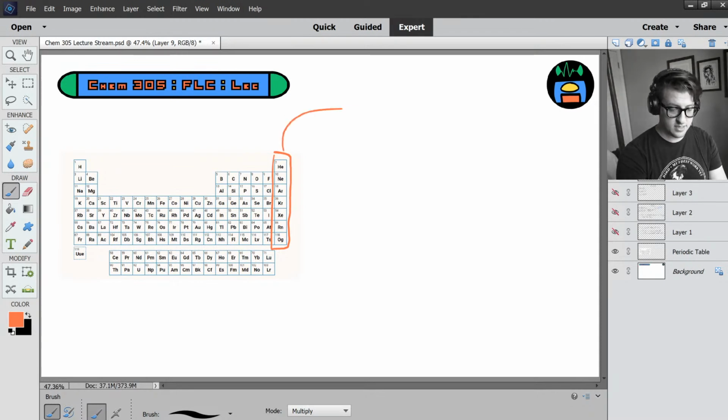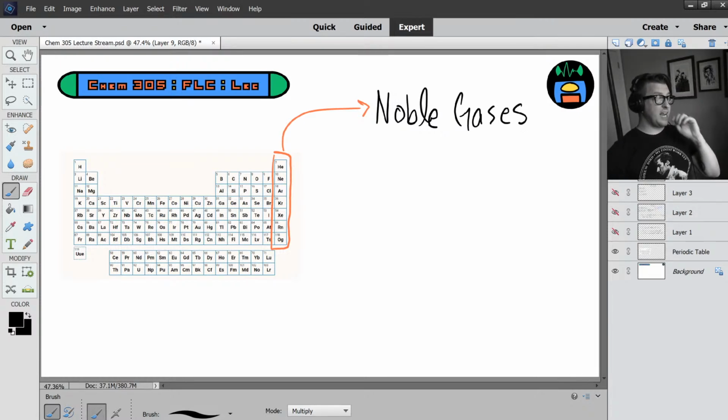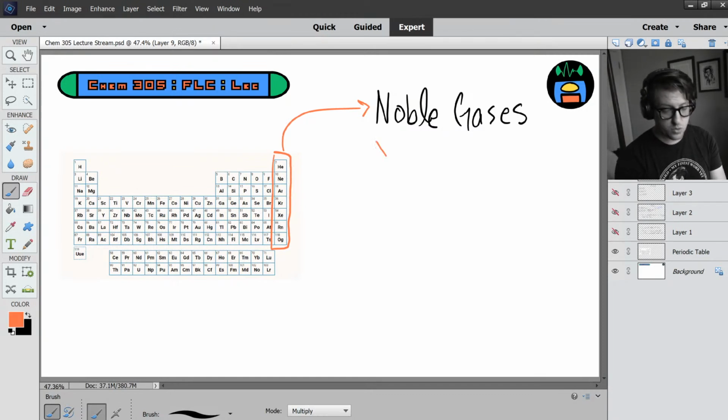So this column of the periodic table has a name. These are called the noble gases. All right, these are the noble gases, and they are insanely stable. All right, they are crazy stable.